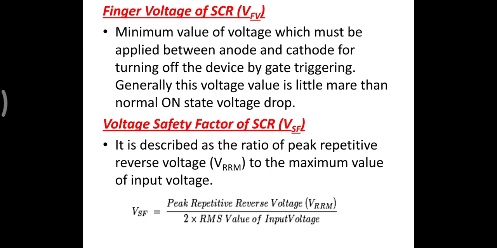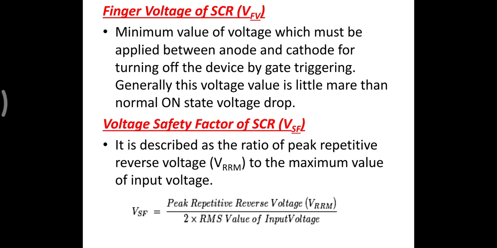What is the definition of this? It is the minimum value of the voltage which must be applied between anode and cathode for the device by gate triggering. Generally this voltage value is a little more than the normal on-state voltage drop.